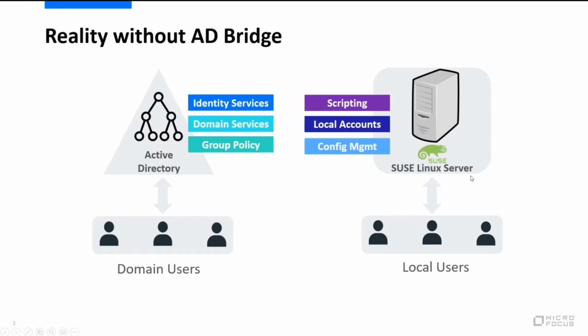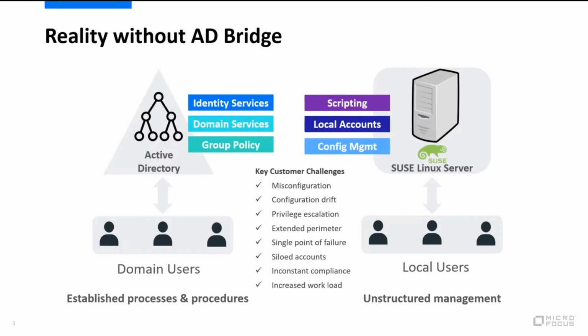And on the Linux side, the SUSE side, you've got people running Chef and Puppet. They're using some local accounts. They might be doing some configuration management, even with SUSE Manager. But in talking to people, this established process and procedure on the Windows side tends to mean that on the Linux side there's a little bit less structure. And that can lead to some challenges.